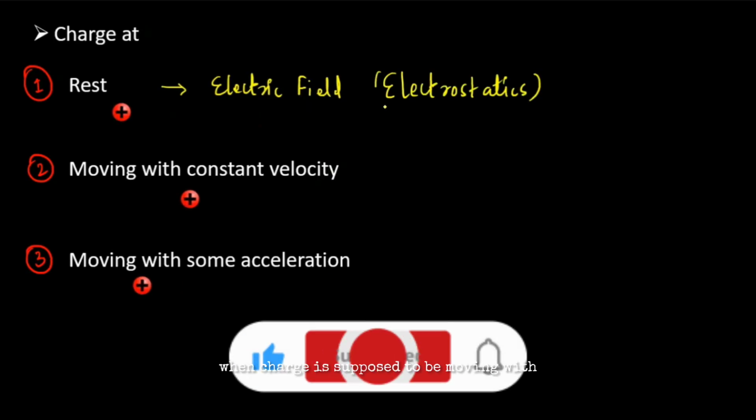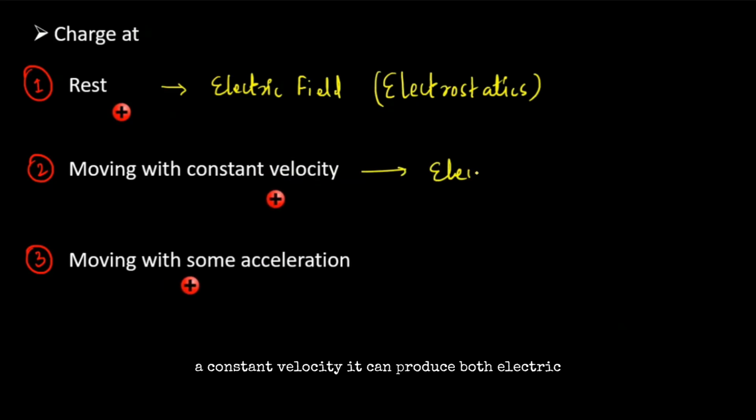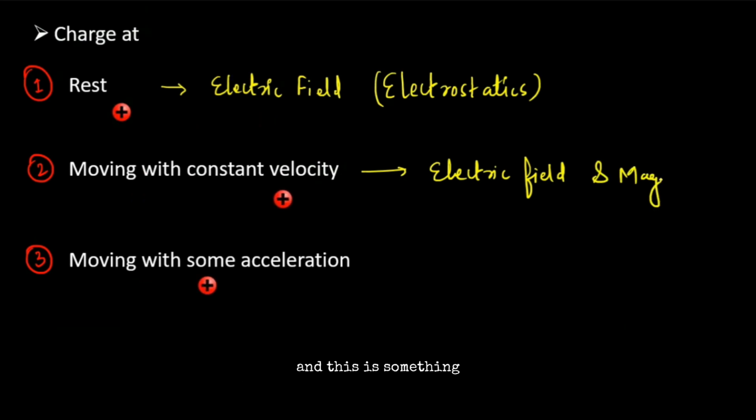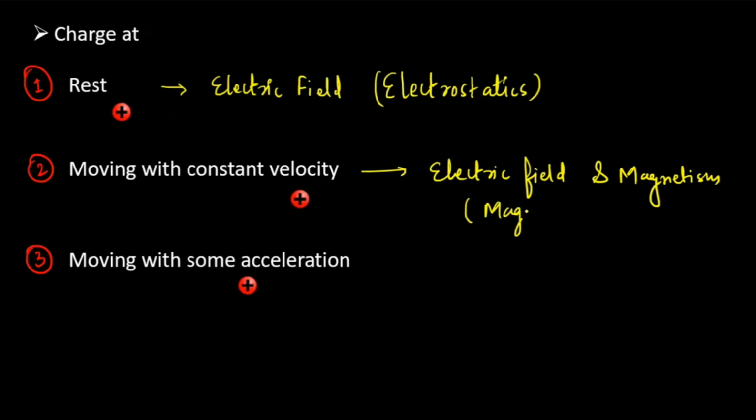Similarly, when charge is moving with a constant velocity, it can produce both an electric field as well as a magnetic field. This is something we are going to talk about later in the section called magnetism.